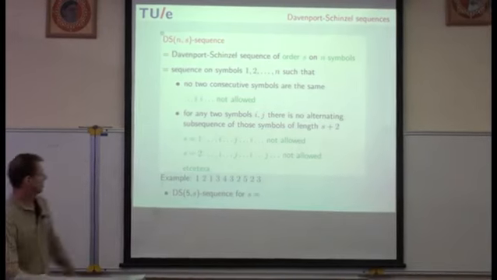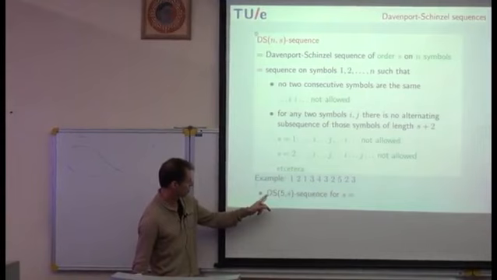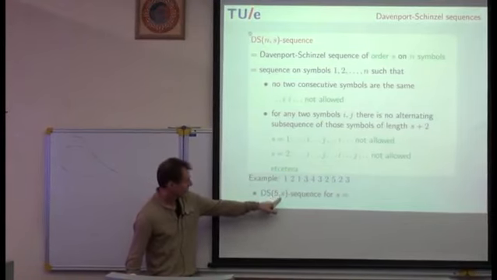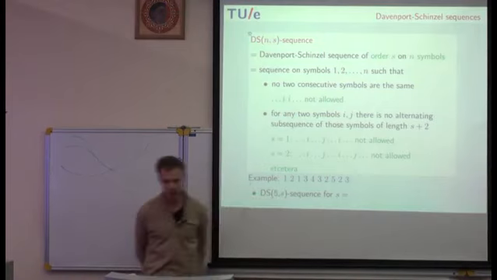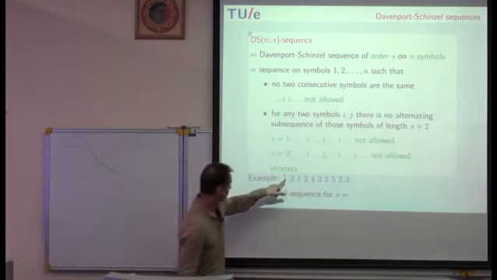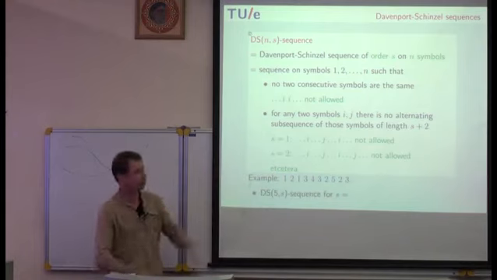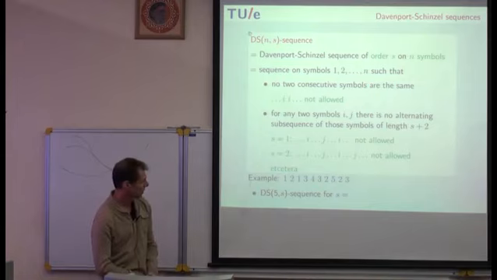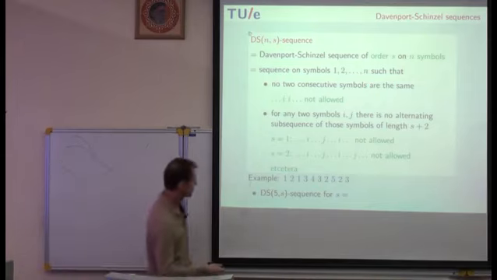Okay, so look at this sequence. It's a Davenport-Schinzel sequence using 5 symbols. And what is the order? Indeed, I never have the same number twice in a row, so the first condition is good.